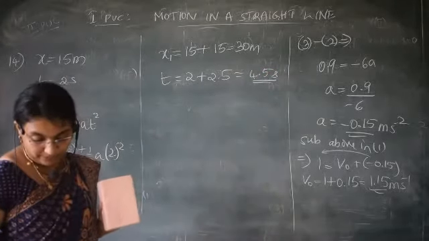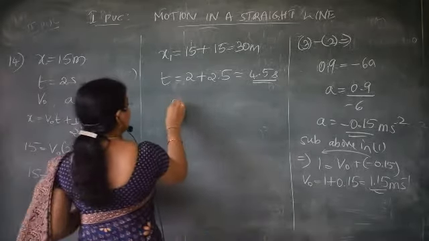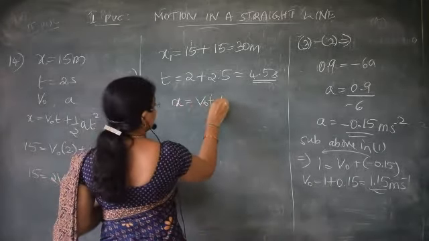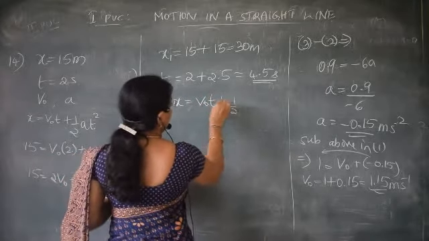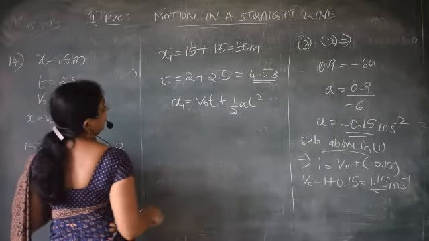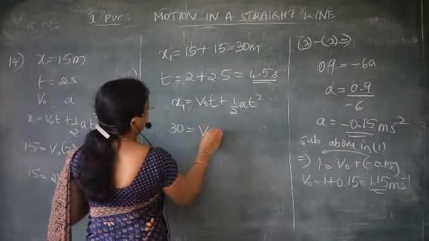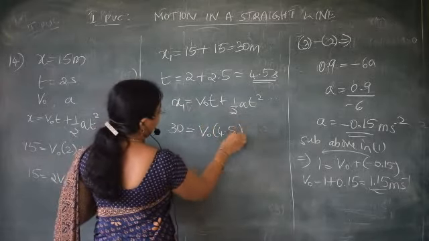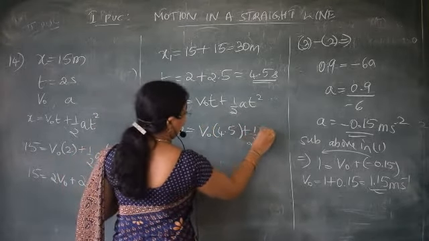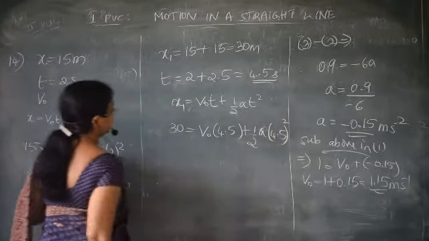Time is 4.5 seconds. Again, we will use the same formula. X is equal to V naught T plus half A T square. Correct? Now it is X1. 30 is equal to V naught 4.5 plus half A 4.5 square.